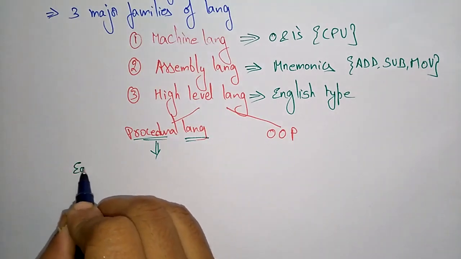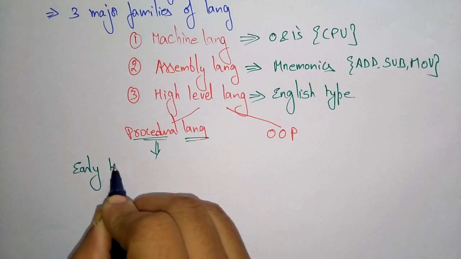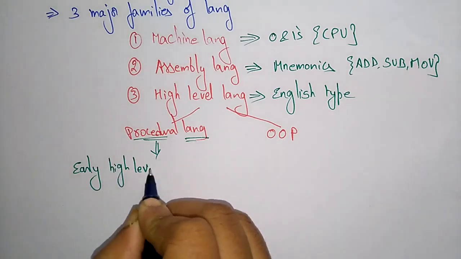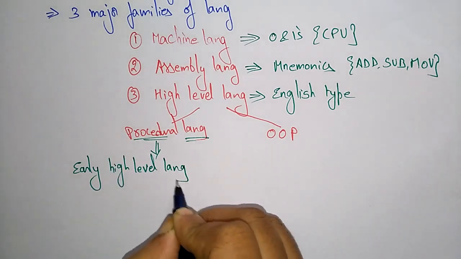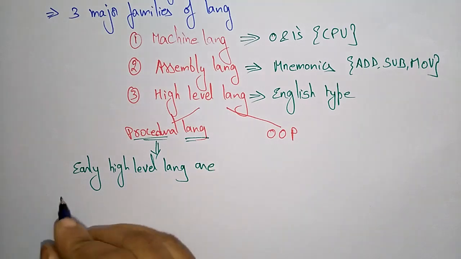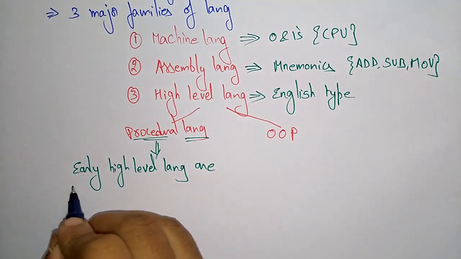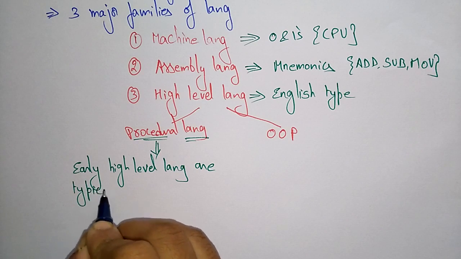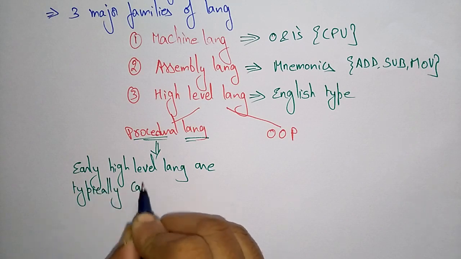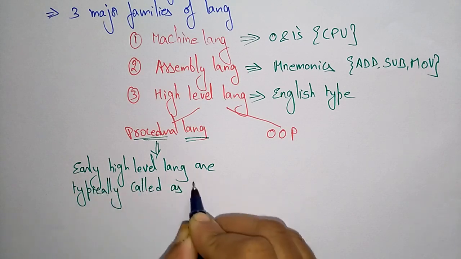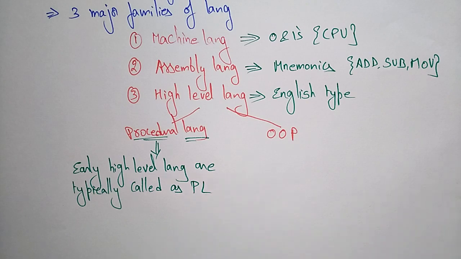Earlier high level languages were typically called procedural languages. All the high level languages present earlier, we call them procedural languages.